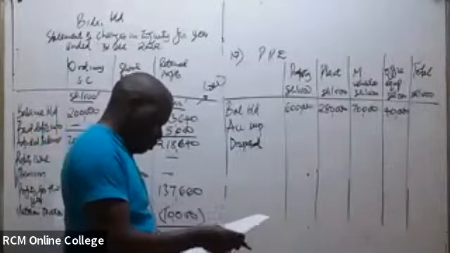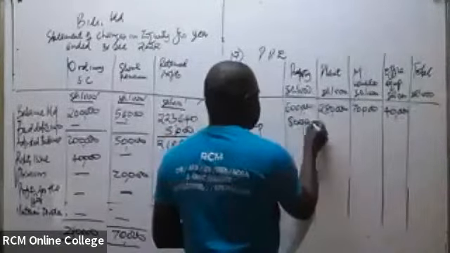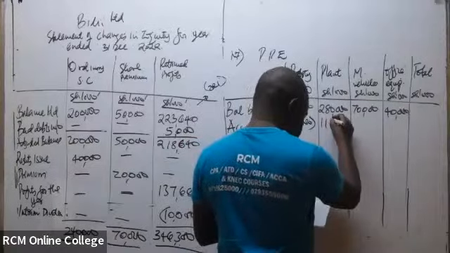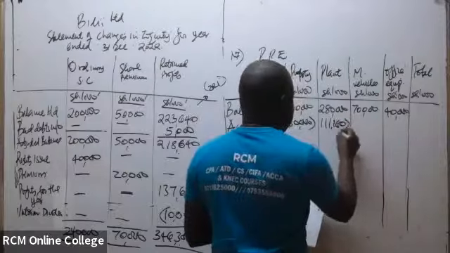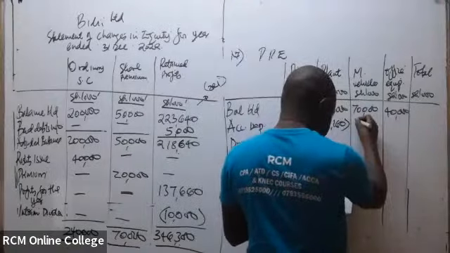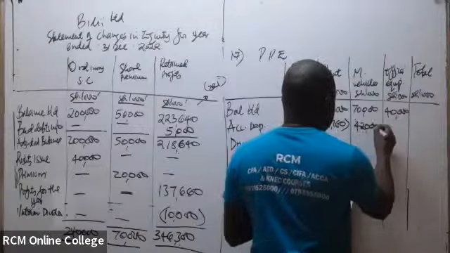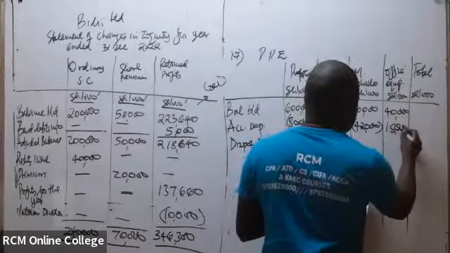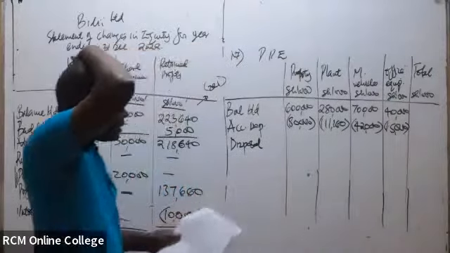We have 80 million. This one we have 111, 160. This one we have 42 million. This one we have 15 million. Then we have a disposal.